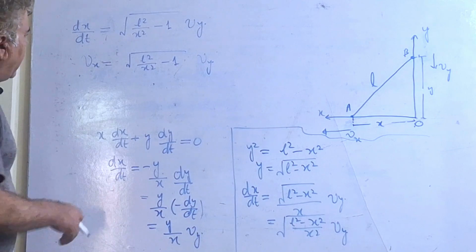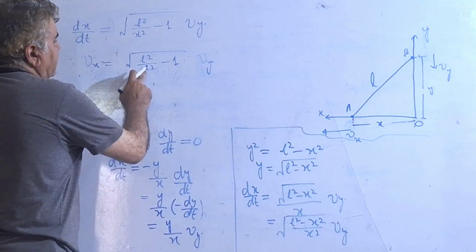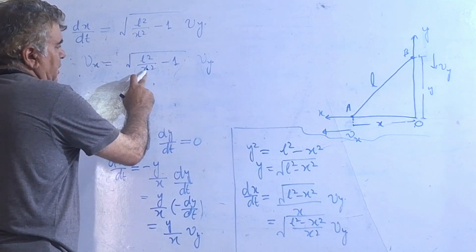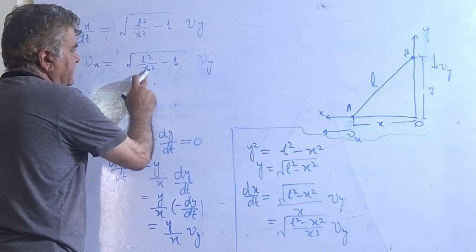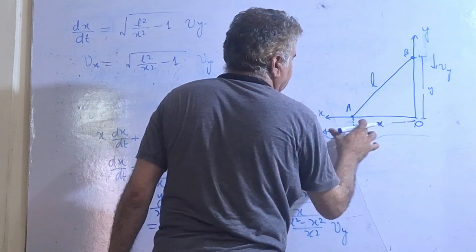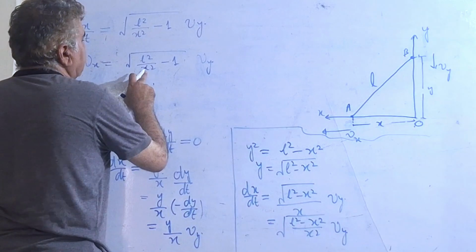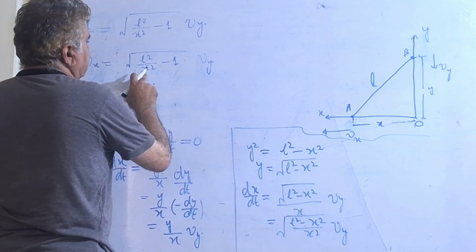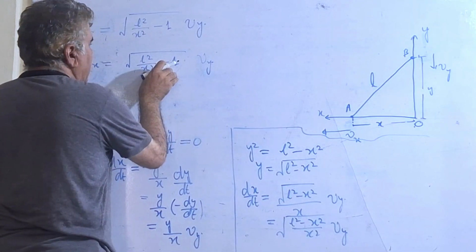So what do we have? What is the behavior of this factor when x is equal to 0? When x is equal to 0, that means we are at this position because this is the distance x. And anything divided by 0 is infinity. Infinity minus 1 is again infinity.